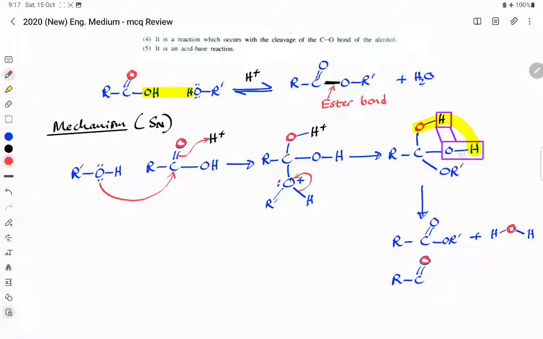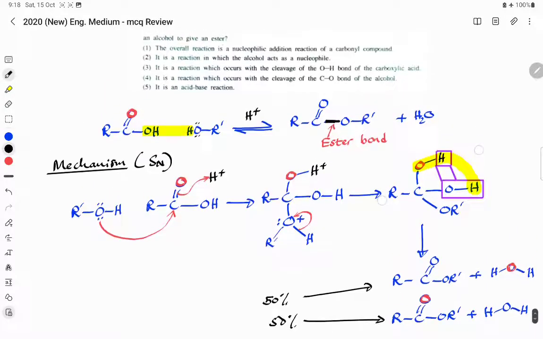When this water molecule is removed, this radioactive oxygen remains in the ester molecule, and this OR is there. Now the water molecule is not radioactive. So we get two types of esters and two types of water molecules, which means from the carboxylic acid and alcohol reaction, we get 50% radioactive esters and 50% radioactive water molecules. So this is the complete mechanism.